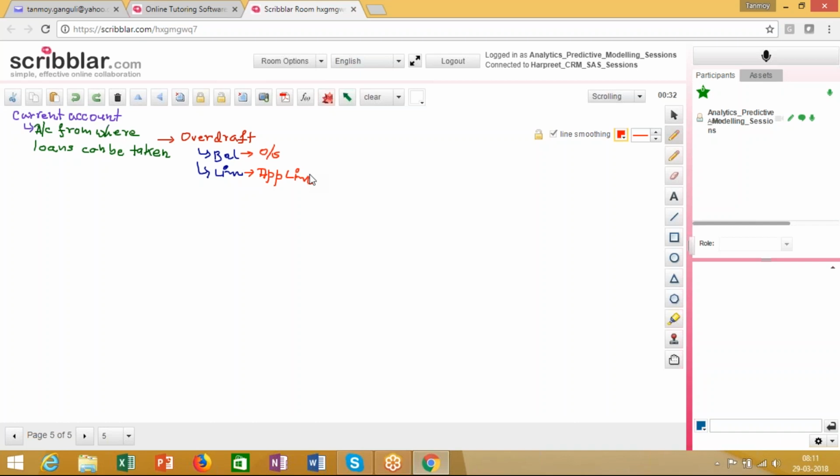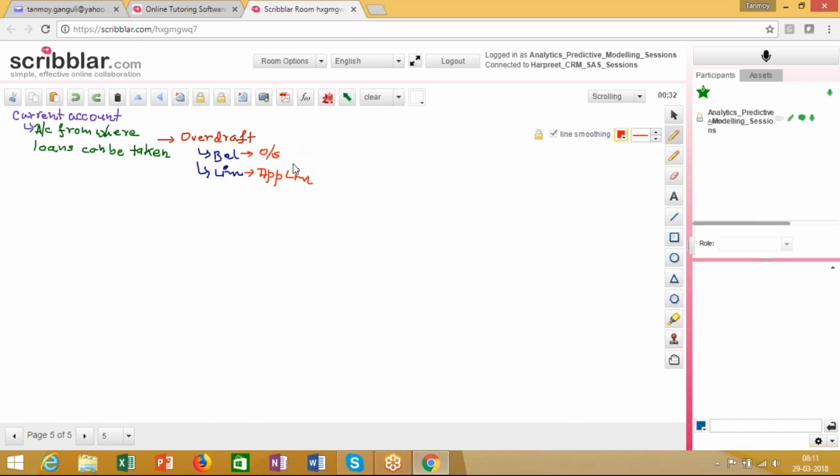So the amount outstanding on that overdraft account is 8,000.